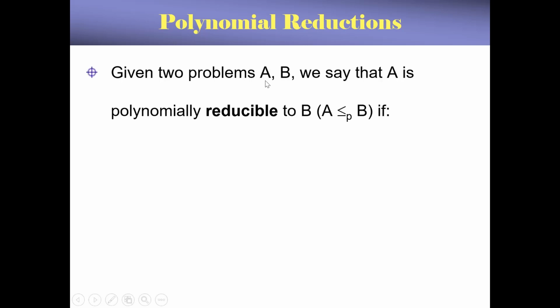Given two problems, A and B, we say that A is polynomially reducible to B, and we write it like this.